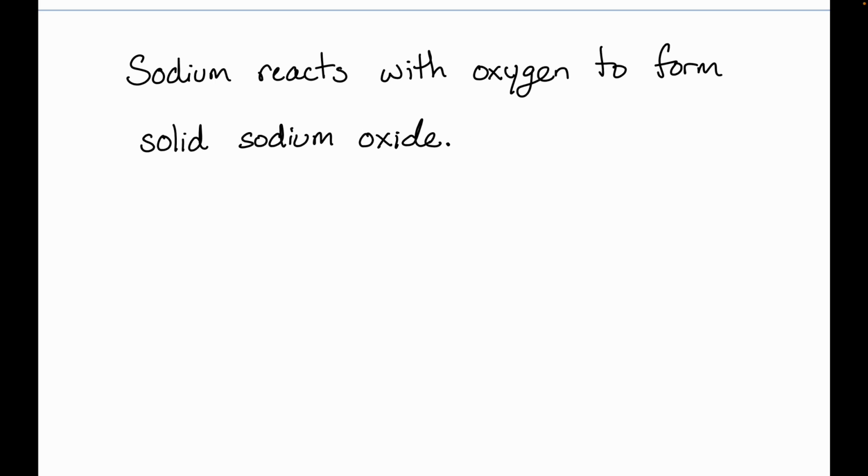And we want to take this and turn it into a balanced chemical equation here.